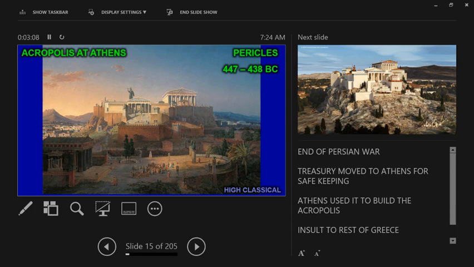So when the war was over and they had all this money left over, Athens just unilaterally decided, hey, we're going to take all the money that we all share together, and we're just going to move it to our capital just for safekeeping. Well, they used that money to build this Acropolis at Athens. And that really makes the rest of Greece quite angry with Athens.